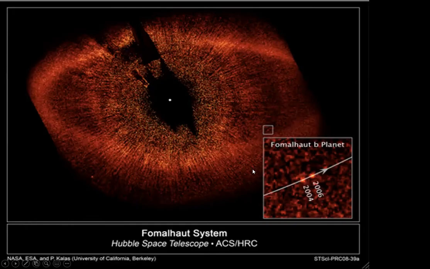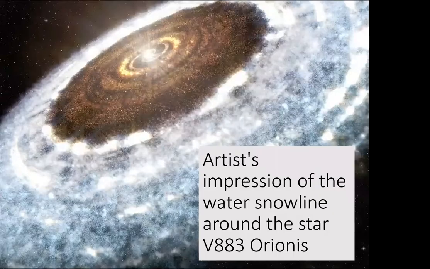But the reason I was mentioning these disks like this is because we think that the process of separation occurs according to the volatility of different materials.